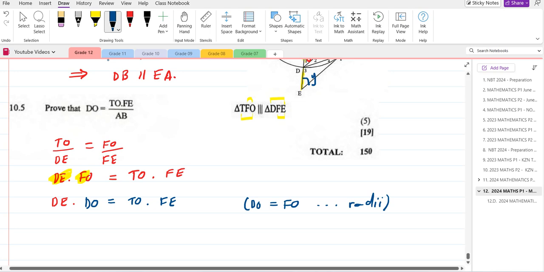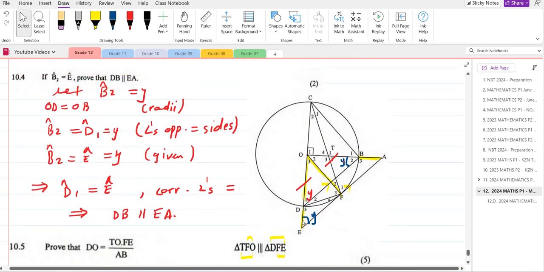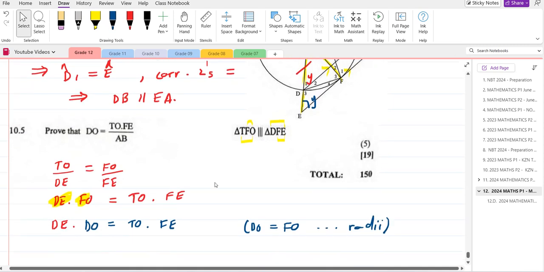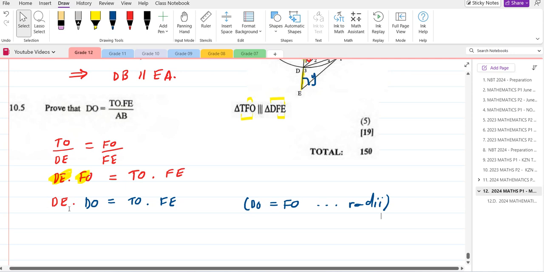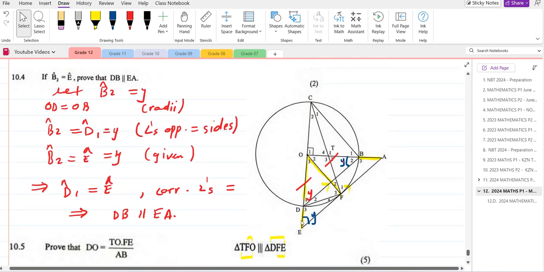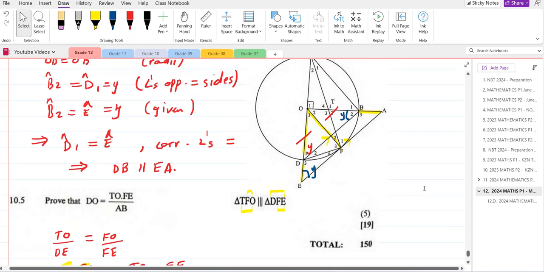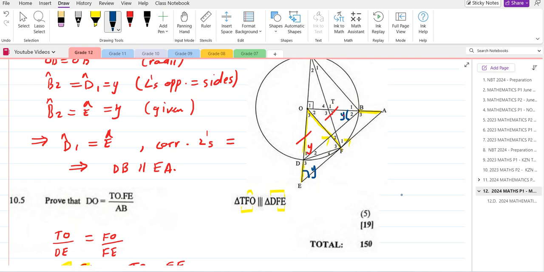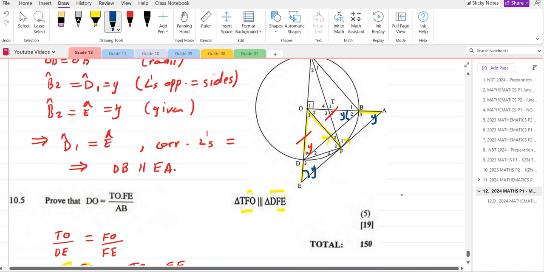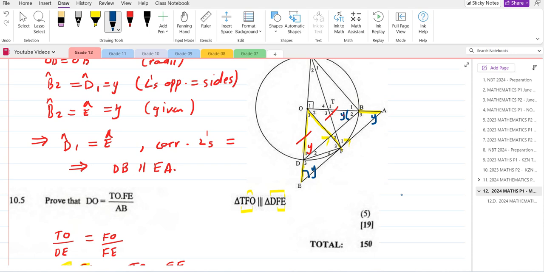I hope you guys are understanding. Now, how is DE equal to AB? That's what we need. We need to replace the DE with AB. DE is equal to AB. How? Remember that's angle A, that's y, so we got base angles of an isosceles trapezium. Can we say something like that? Then we got DE equals AB.